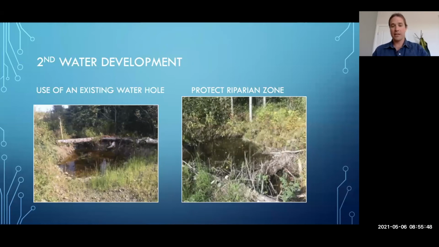Then they seeded it a little bit, and added some large woody debris along the riparian channel adjacent to that water hole to prevent livestock from going into that riparian zone and using it as a corridor. So there's a nice point access spot for them to come in and water here.